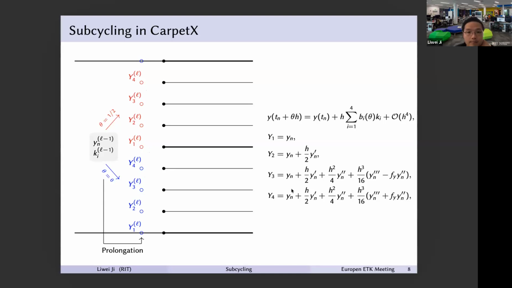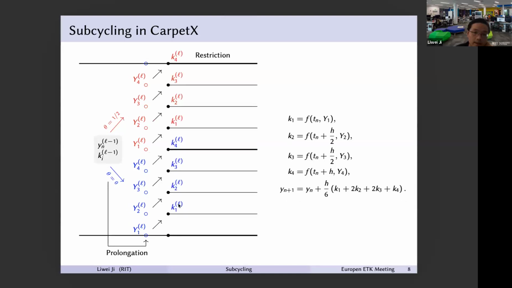Then after we already calculate the capital Y's, it's quite trivial to evaluate the k on the fine side, which will be used to update the state vector on the fine side. So I think that's basically the algorithm that we implemented for the subcycling in CarpetX.